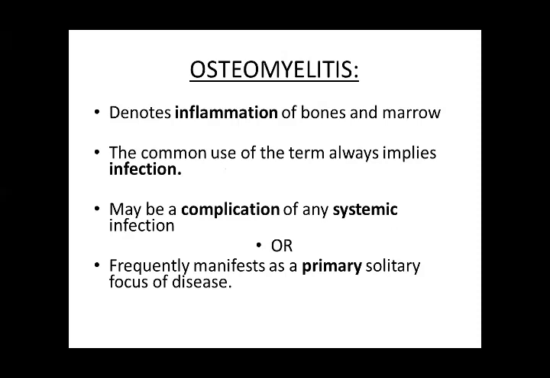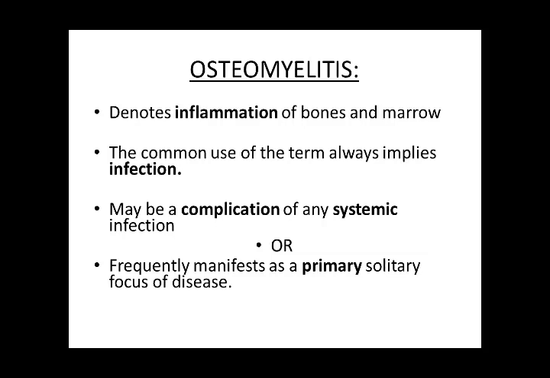Osteomyelitis is infection, inflammation of the bone, and that is how you define it. Inflammation can be septic and it can be aseptic. So we have heard of aseptic necrosis. Now we're talking about the organisms.